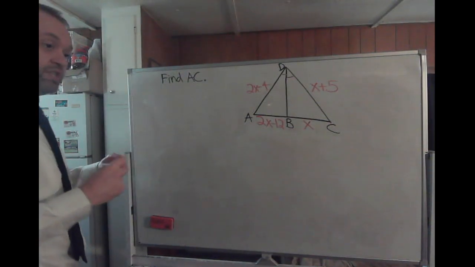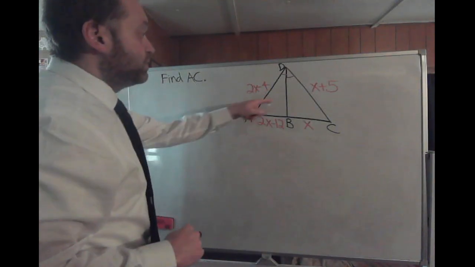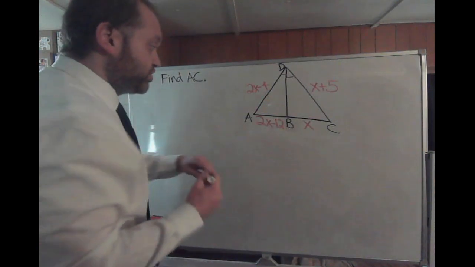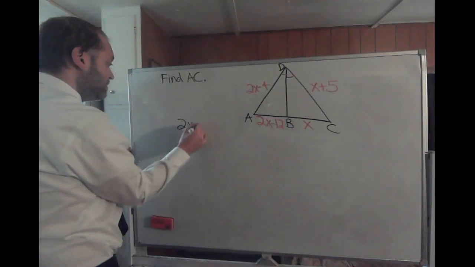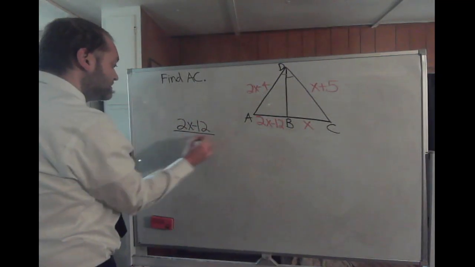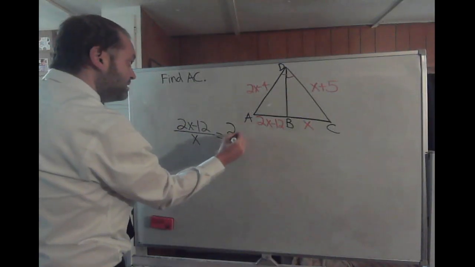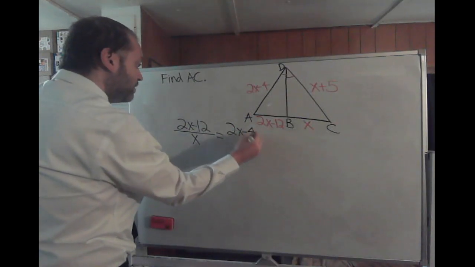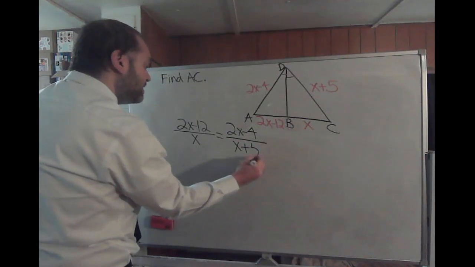Well, let's still deal with our triangle angle bisector theorem. That's going to be equal to the proportion of these sides, which would be 2x minus 12 to x would be equal to your left side here. That'd be equal to 2x minus 4 all over x plus 5.